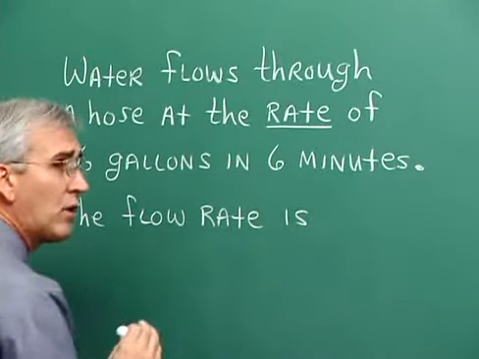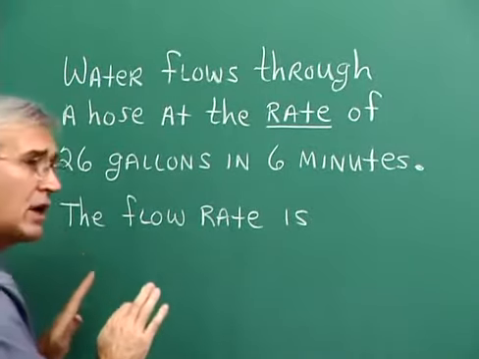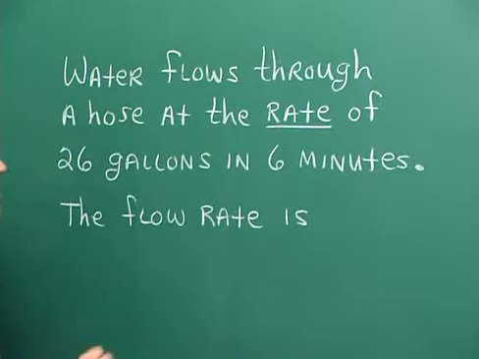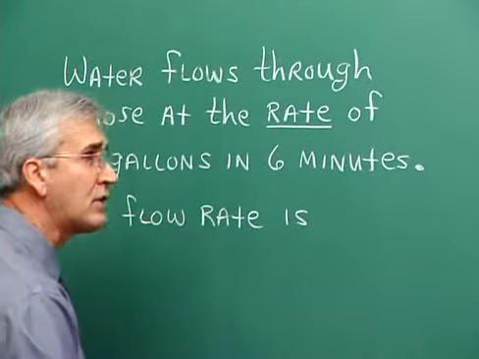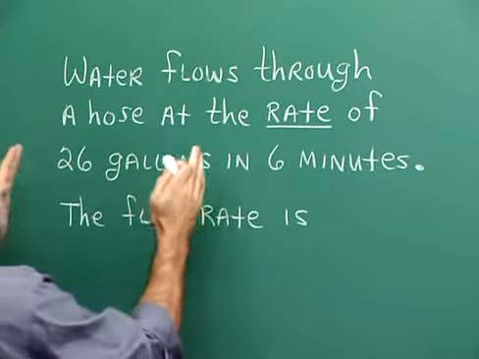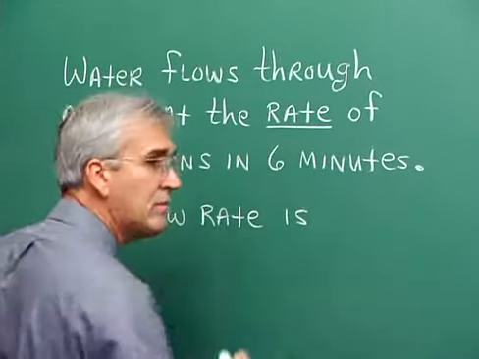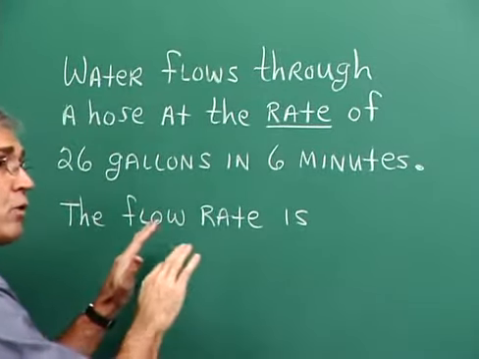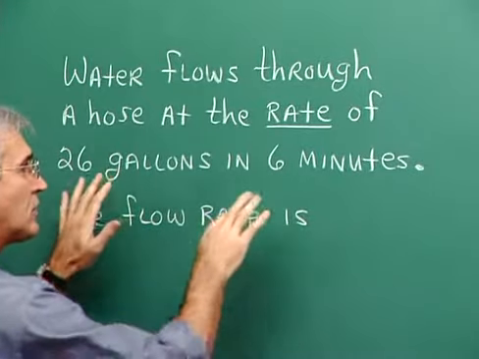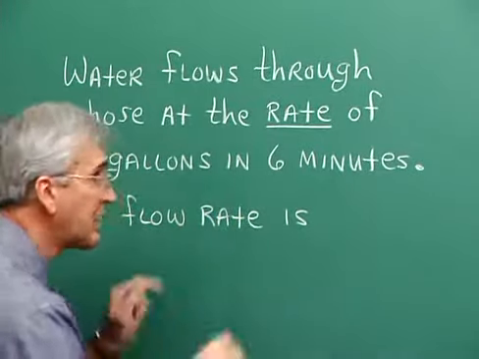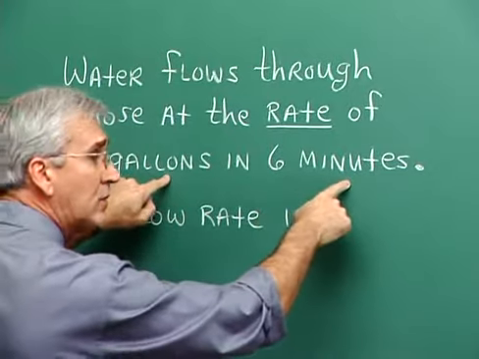And we're going to write a rate, and a rate is written in much the same way as a ratio. You can almost think that a rate is a special kind of ratio because we're comparing 26 gallons to 6 minutes. You see, and we just kind of write a ratio using those two ideas. We call it a rate because the units are different.